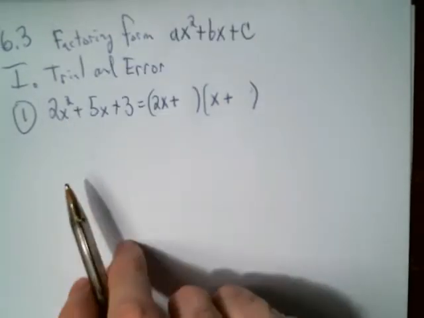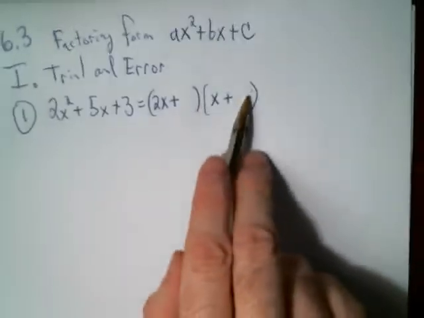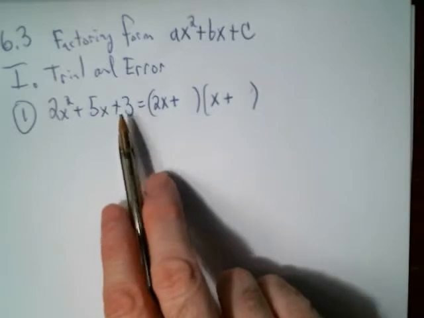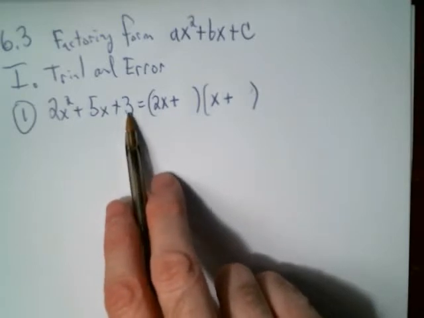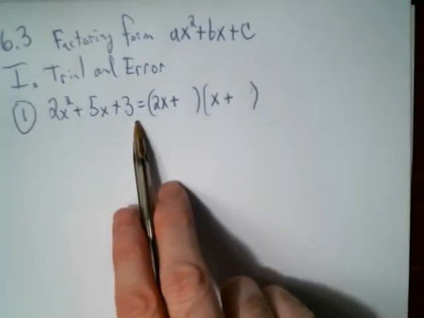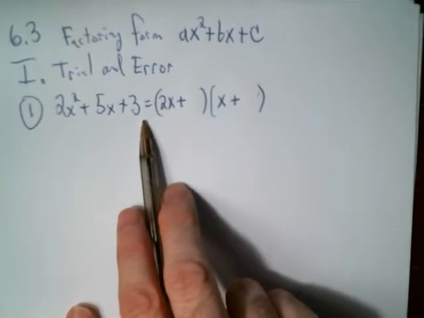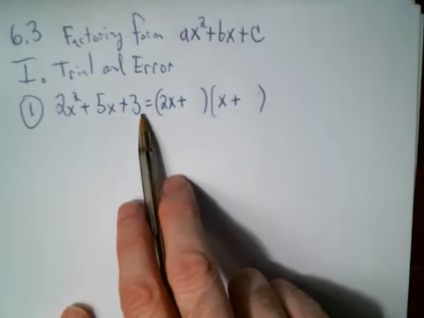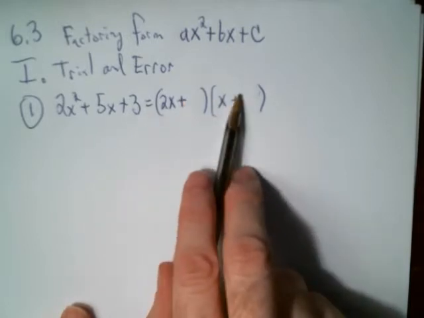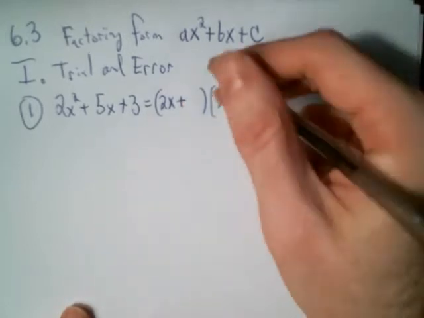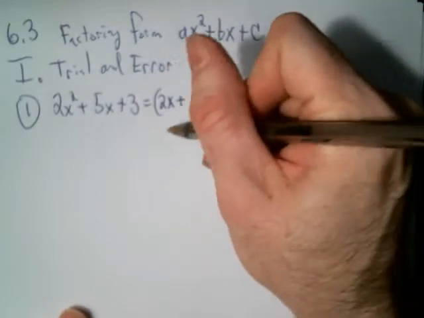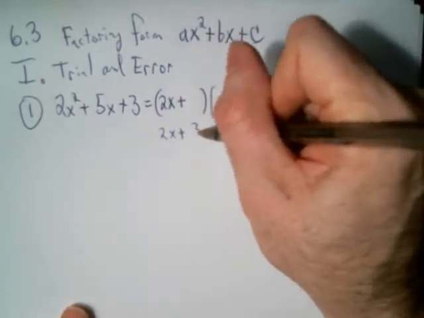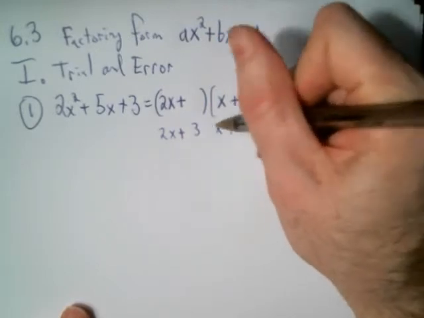So 2x times x will give you the 2x squared. For this part, we need factors of 3, but we're not going to think of factors that add to be 5. It won't work that way this time. So for the last term to be 3, it has to be 3 and 1 or 1 and 3. There's only two possibilities. So we'll try 2x plus 3 and then x plus 1.